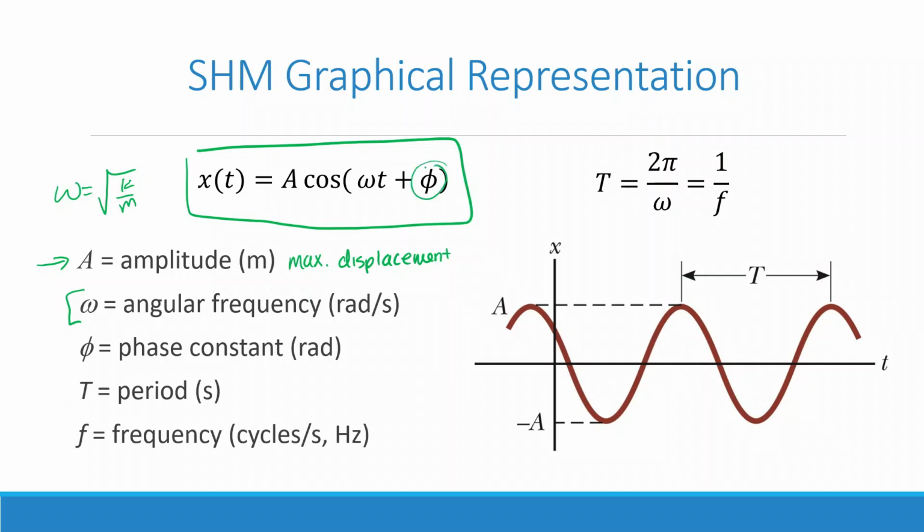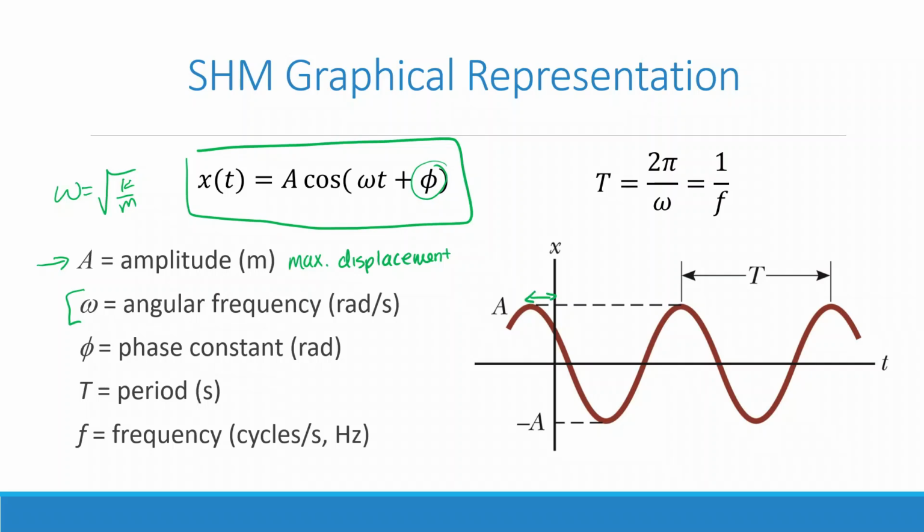And then we're going to have this guy phi. If you remember, you've looked at cosine and sine functions in pre-calculus and calculus courses before, most likely. But phi is our phase constant in radians. It represents a shift in the horizontal from a perfect sine or cosine function.